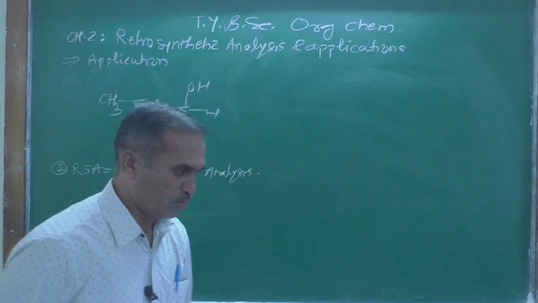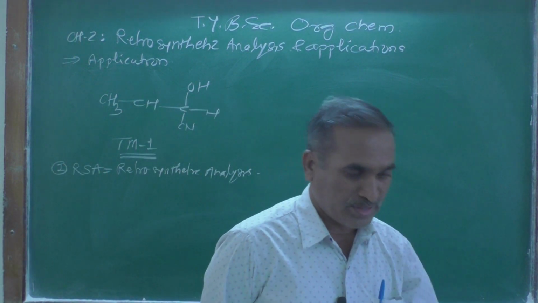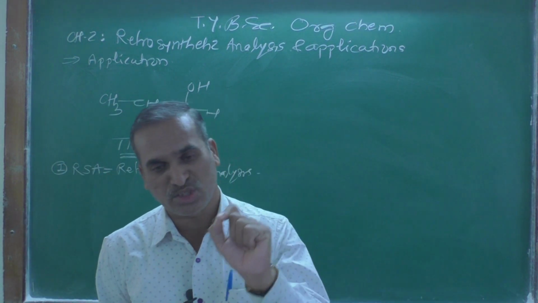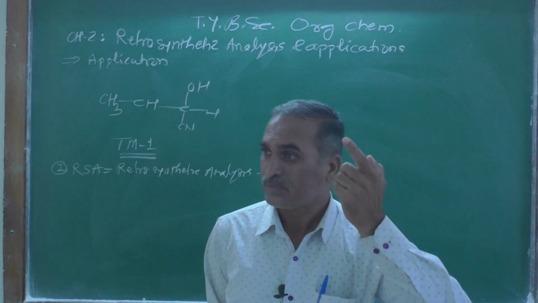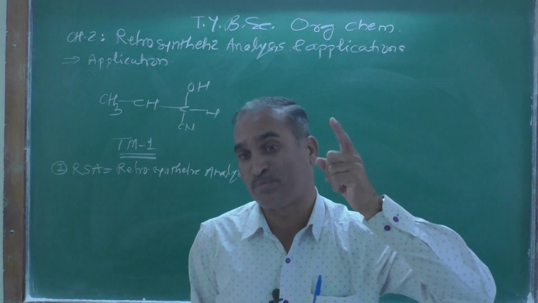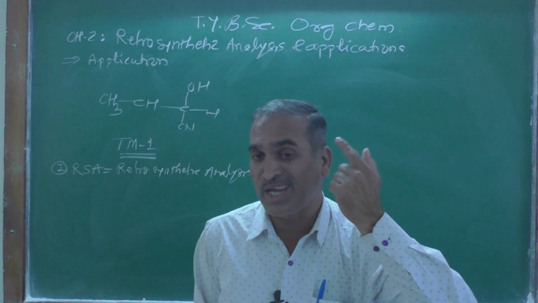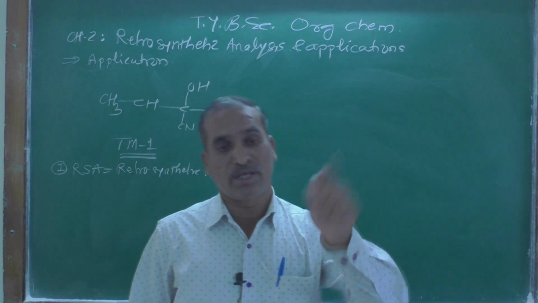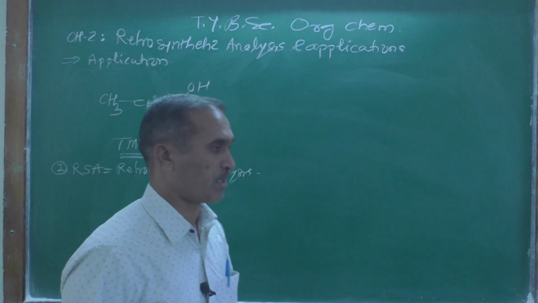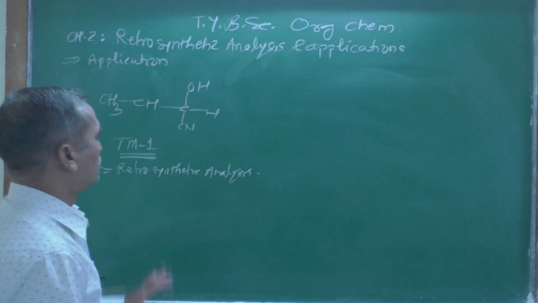Recognize the functional groups in the target molecule and then break a bond in such a way that you should have in your mind the making of that bond, some named reaction. Then and only then should you break that target molecule, otherwise no need.